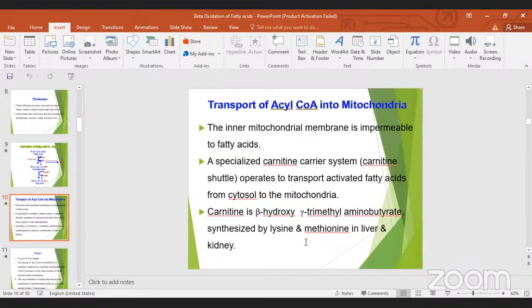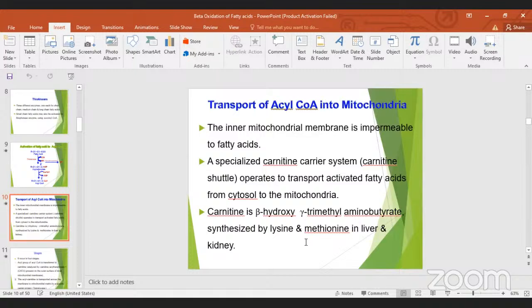A specialized carnitine carrier system is there. The carnitine shuttle operates to transport activated fatty acids from the cytosol to mitochondria.